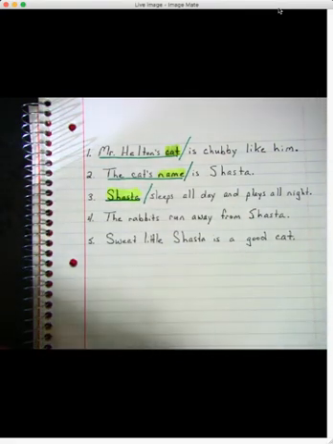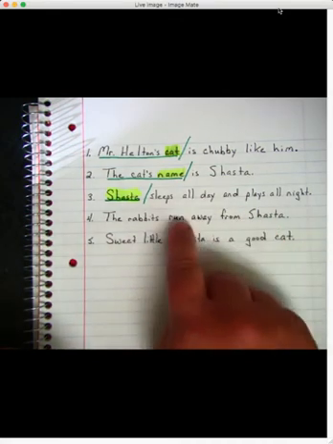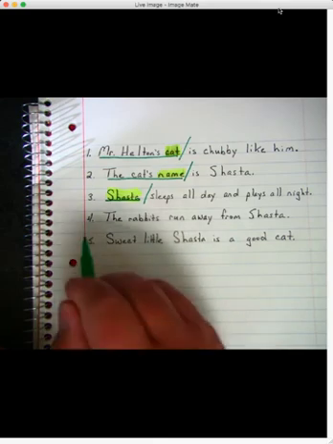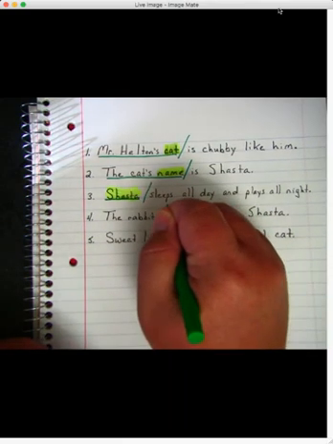Now look at sentence number 4. The rabbits run away from Shasta. Who's this sentence about? Is it Shasta? Not really, because Shasta doesn't run away from Shasta. Who's it about? That's right. It's about the rabbits. And what do they do? They run away from Shasta. So we'll divide it here.